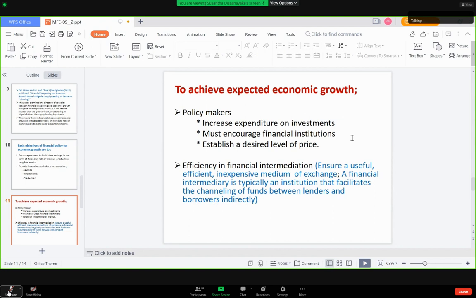For that reason, safeguards, encouragement, and a strong legal framework need to be there, and a desired level of price needs to be established. It is obvious. This we can see is linked with various factors.